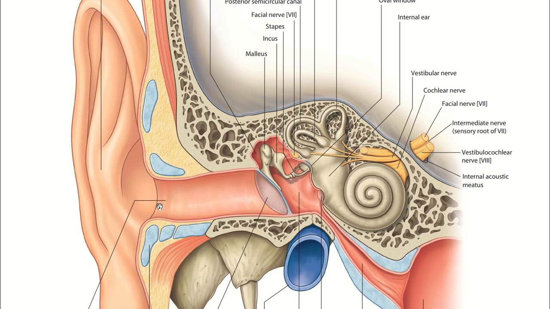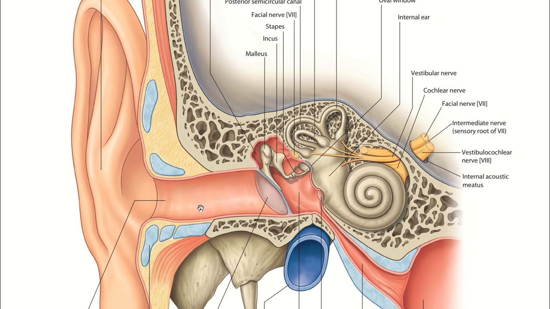It is a bit oblique, so if you look for the tympanic membrane in a normal patient, you're not actually going to see it, because the canal is oblique, not straight.